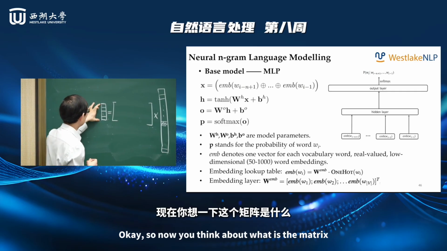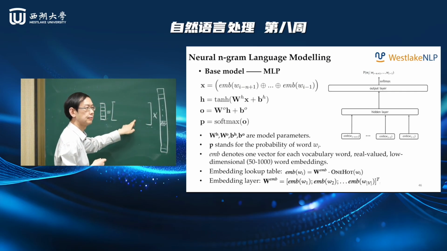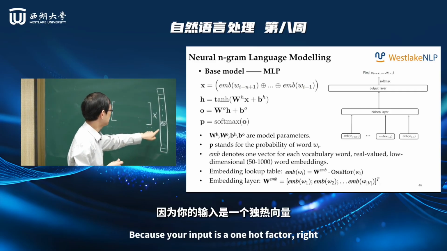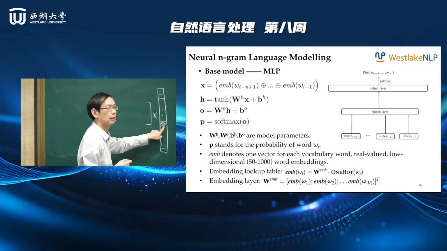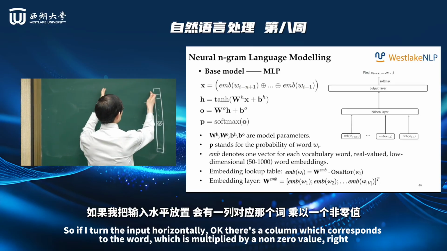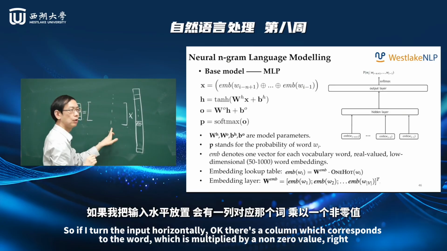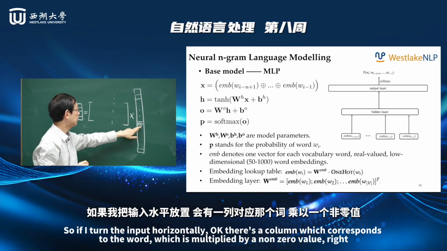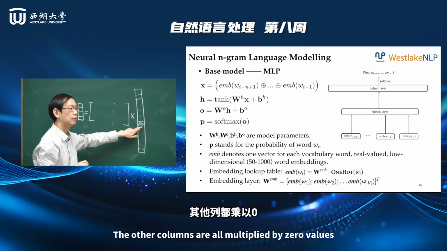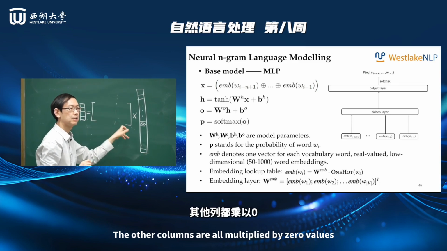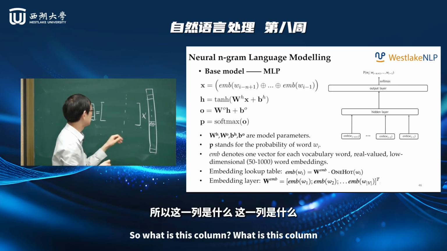So now think about what the matrix is. Because your input is a one-hot vector, if I turn the input horizontally, there's a column which corresponds to the word which is multiplied by a non-zero value. The other columns are all multiplied by 0 values. So what is this column?